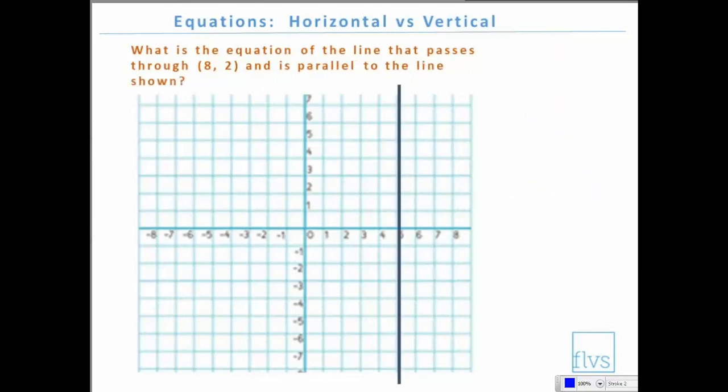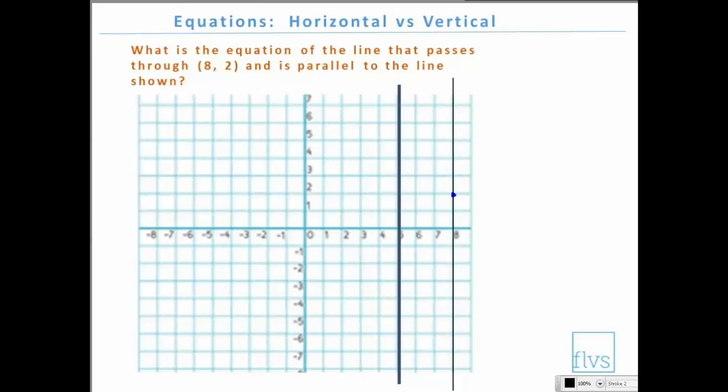Let's do one more example, but instead of perpendicular, we have parallel. Parallel means you got the exact same. They're never going to cross. So if I've got a vertical line, I know I'm going to have another vertical line because it never crosses. It's got to be parallel. So again, if you need a visual reference, you can go over and say, okay, I'm going to go to point 8, 2, and I'm going to put a dot. And if it's parallel, we've got the exact same type of equation.